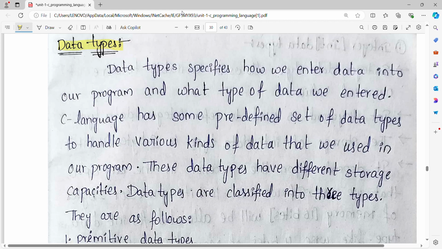See, first of all, what is a data type? See the definition here: a data type specifies how we enter the data into our program. That's it. If you want to mention a 10, how do we mention a 10 in programming?